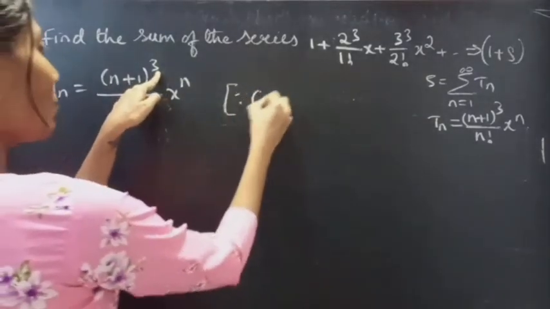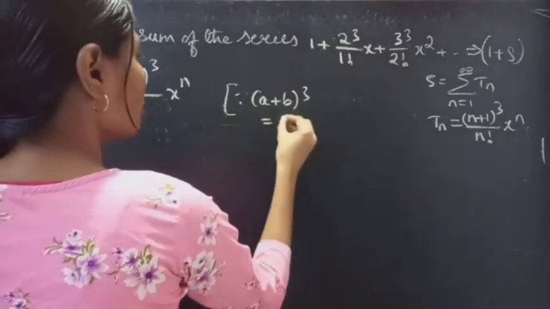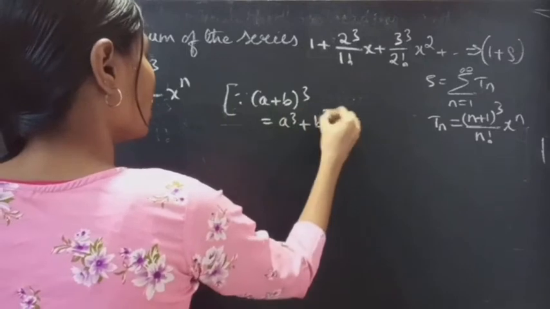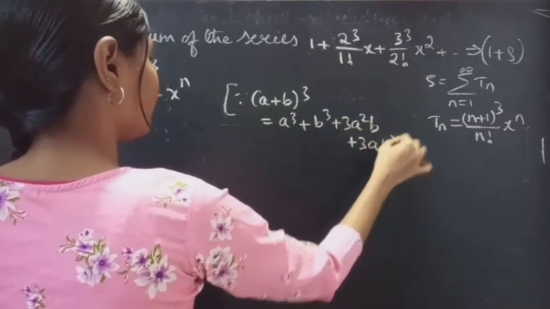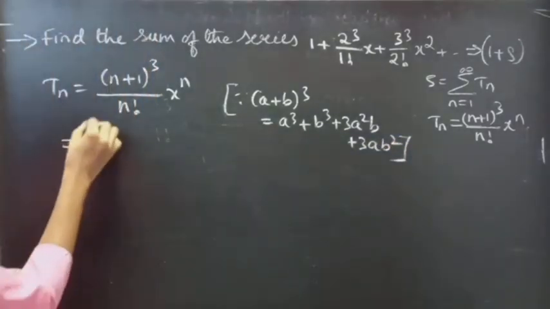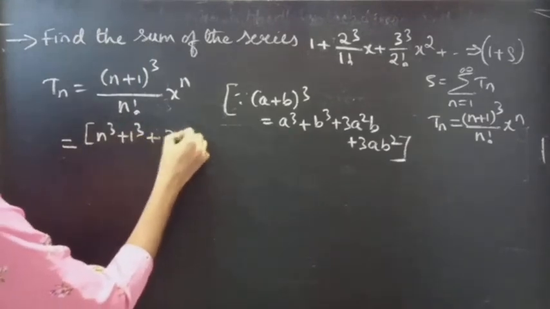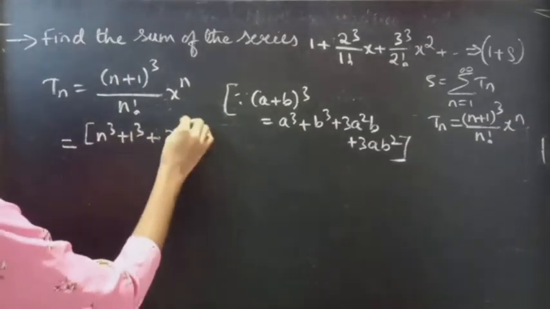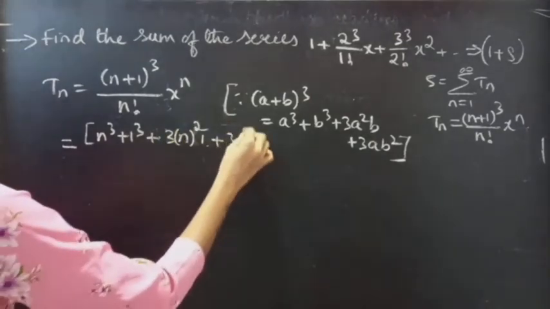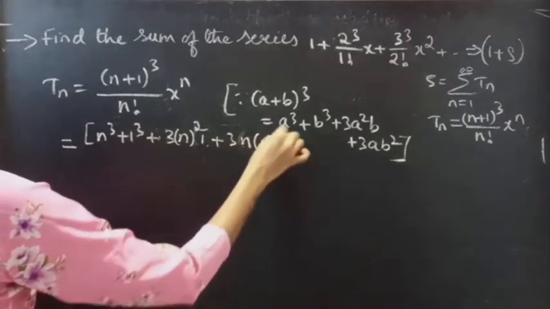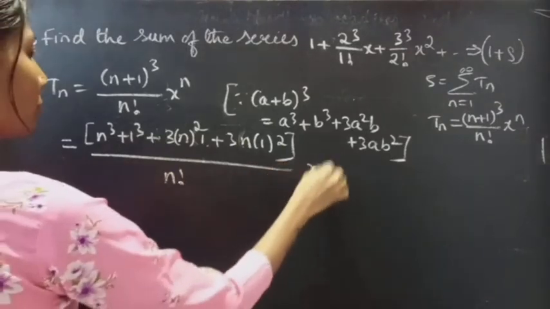Which is of a plus b whole cube form. And the expansion of a plus b whole cube is a cube plus b cube plus 3a square b plus 3ab square. Right? And this equals n cube plus 1 cube plus 3a square b plus 3ab square by n factorial into x power n.